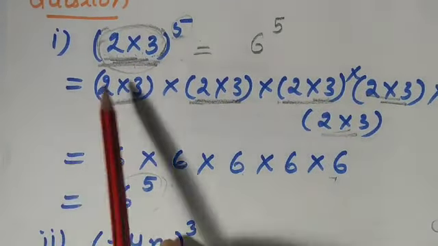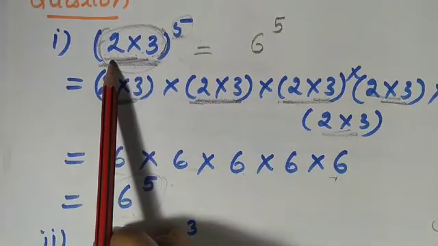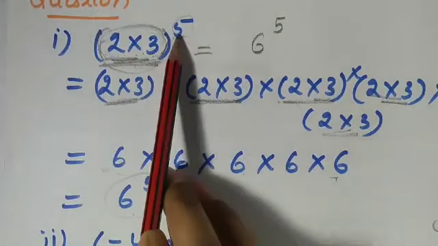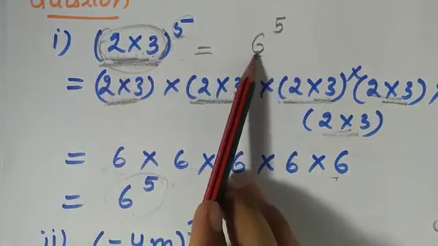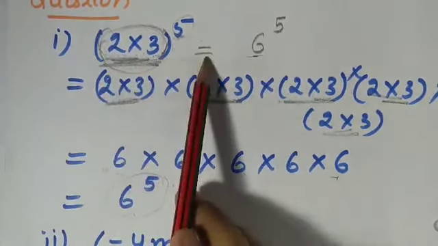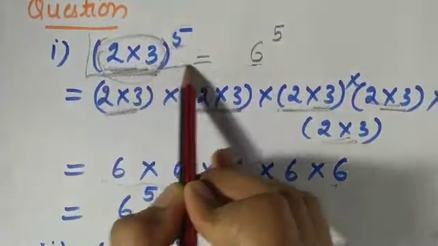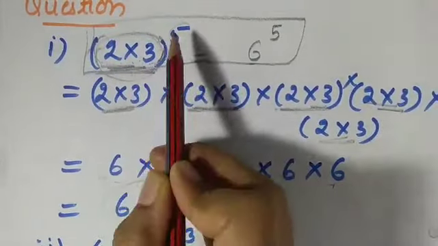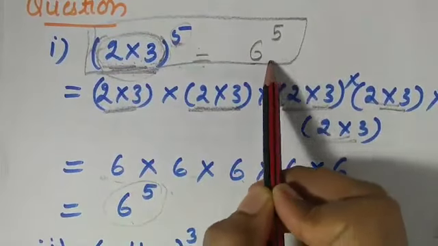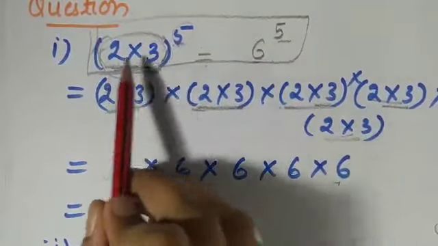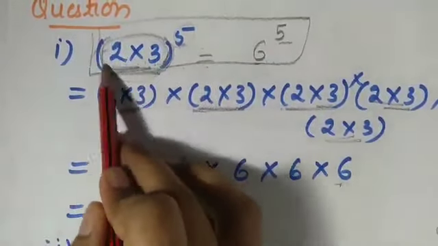Or you can simply understand this: if you are given two numbers in multiplication having a whole power, then simply the numbers get multiplied and the power remains the same. So this is the general concept that you have to remember: 2 into 3 whole raised to the power 5 is equal to 6 raised to the power 5. These two numbers get multiplied when you have the whole power.